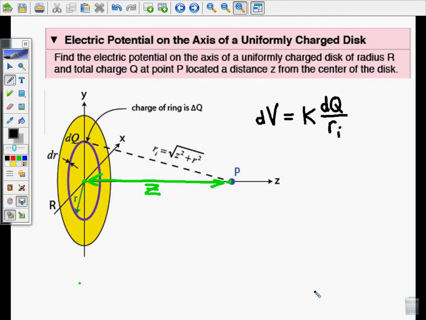I get it, because I thought you were talking about little r, but it's r sub I, not little r. They look similar. A lot of confusing variables: you have big R, little r, dr, and r sub I.